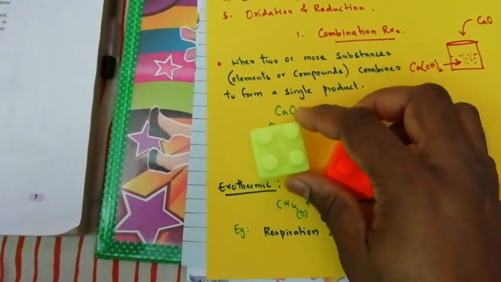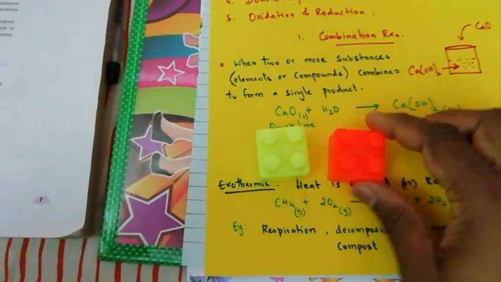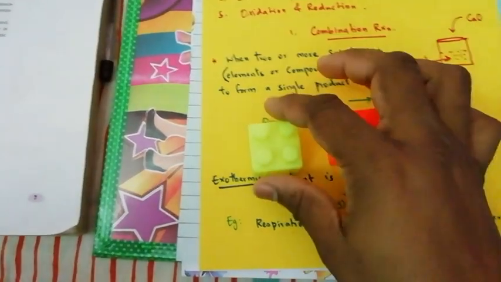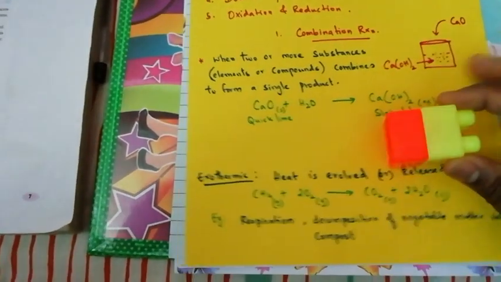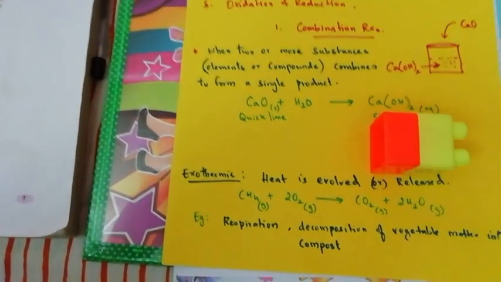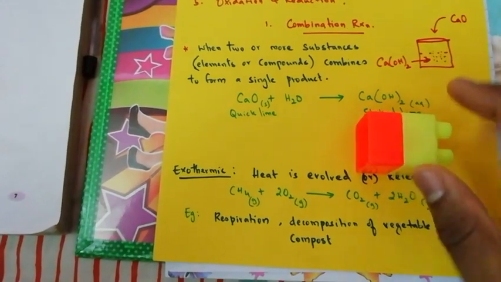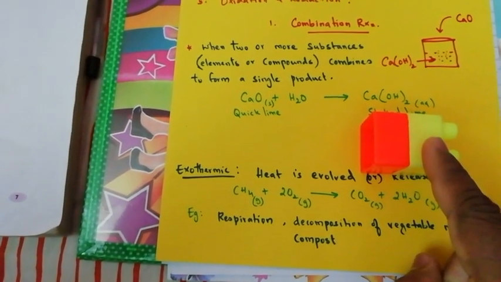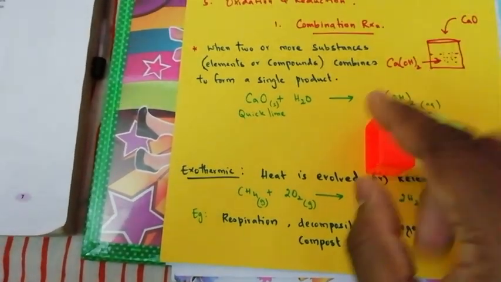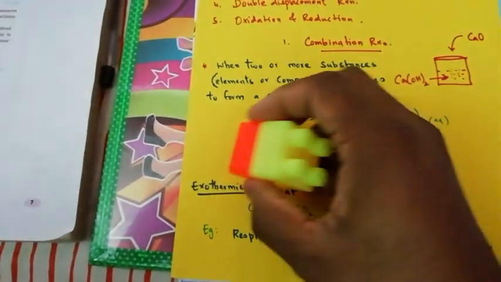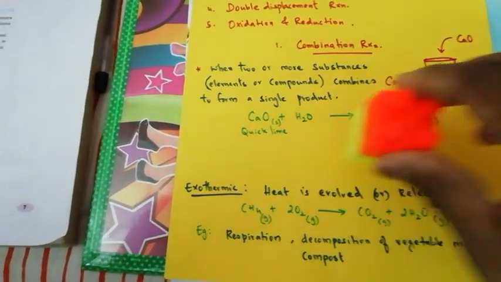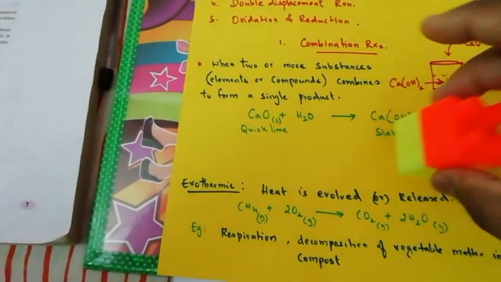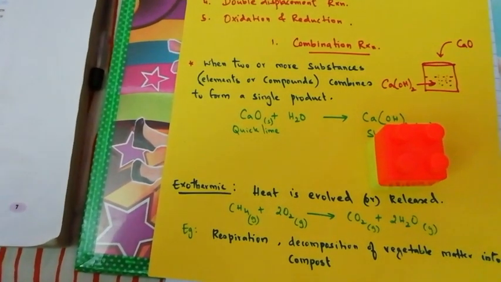Say this is calcium oxide and this is water. When these two combine together and form a single product, now it becomes calcium hydroxide, right? Before that it was actually 2.